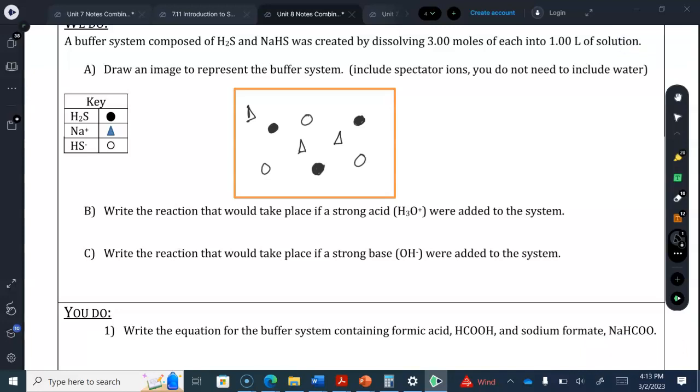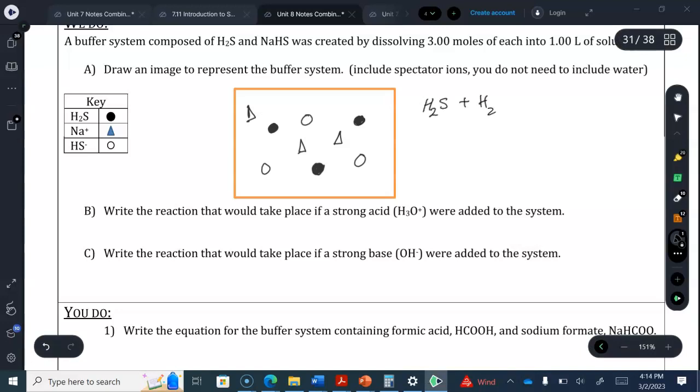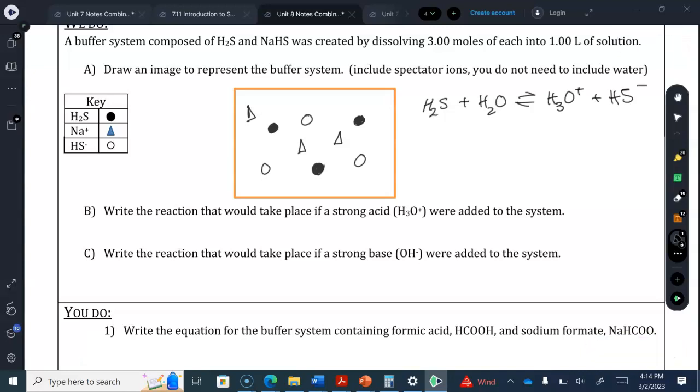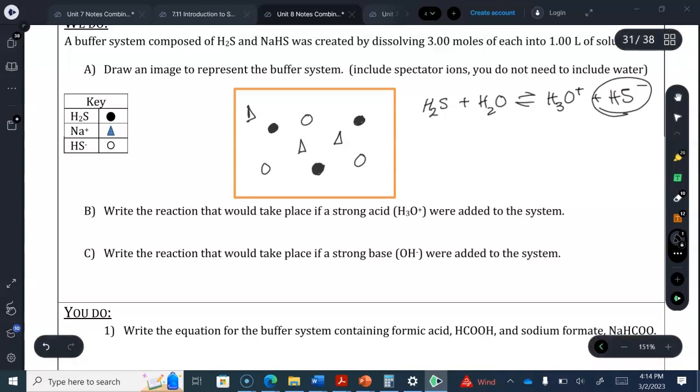Okay, now we're going to write the reaction that would take place if a strong acid is added to the system. The overall reaction or equilibrium is H2S plus H2O forming H3O plus and HS minus. So this is our buffer system. If we add acid, it is going to react with the base.